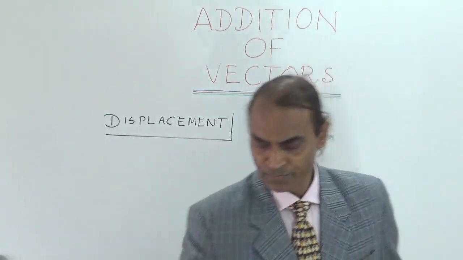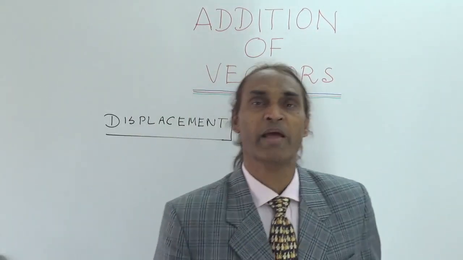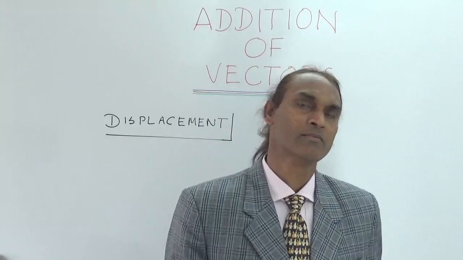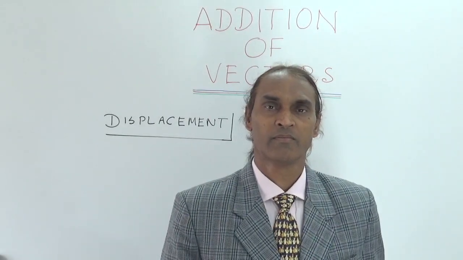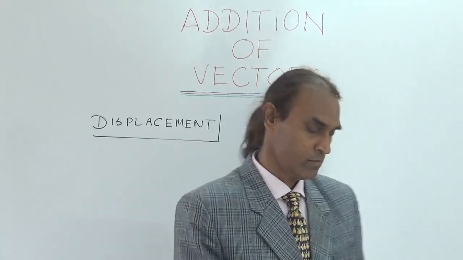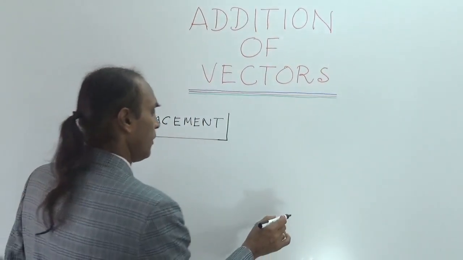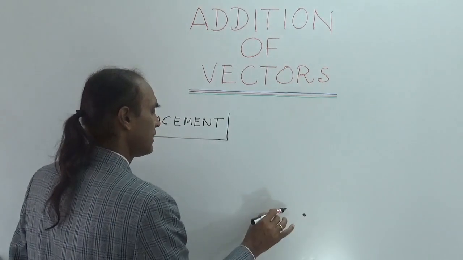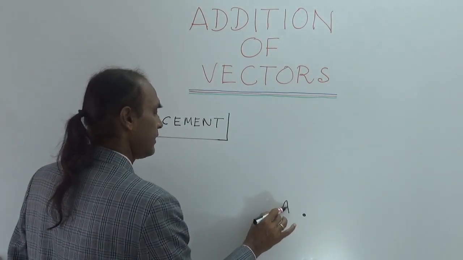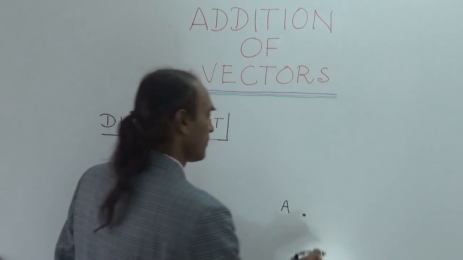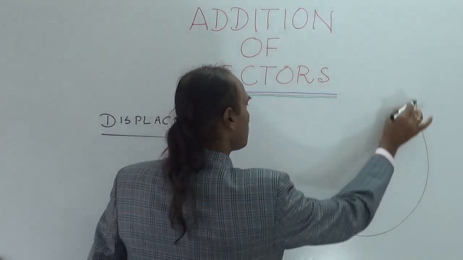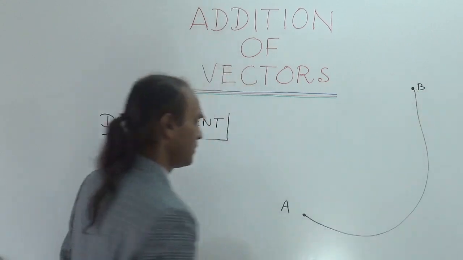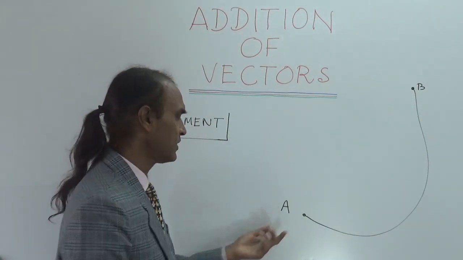Now I will take the example of displacement of the tip of the marker on the whiteboard. If you start from the point, say A, you follow any path and you reach this point B. So what is the starting point? This is the starting point.